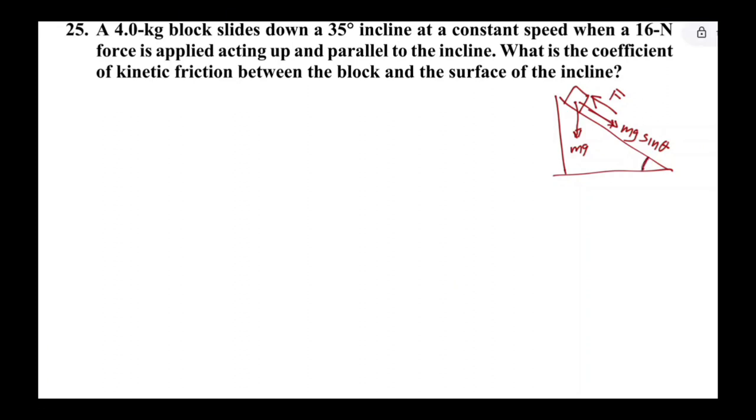The angle here is 35 degrees. Now we would like to calculate here the coefficient of kinetic friction between the block and the surface. Since the object is sliding down this way with constant speed, it means the acceleration equals 0.